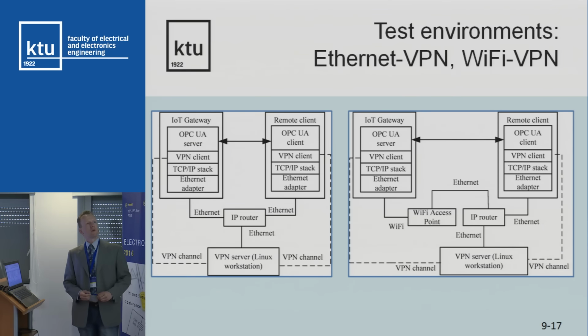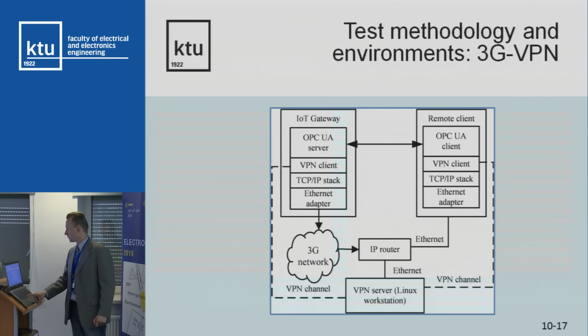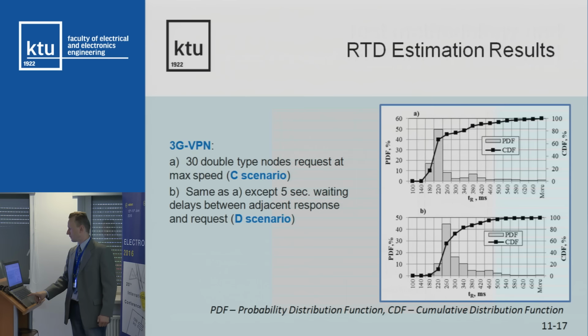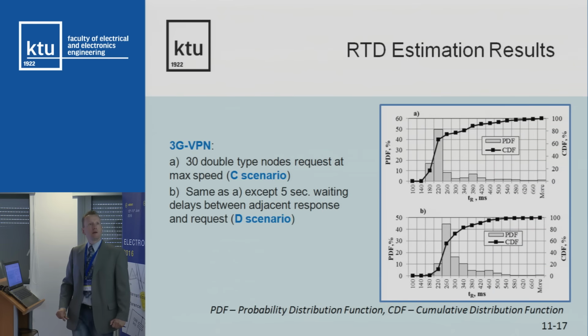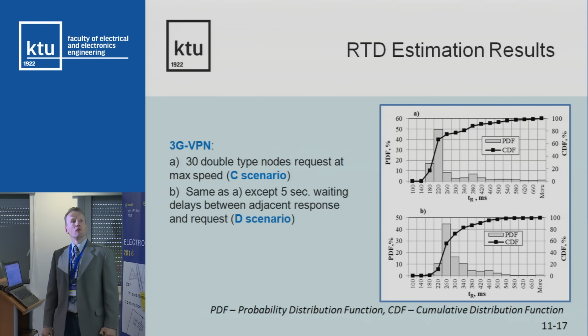Maybe we don't go into detail on these drawings, but we have a gateway and remote clients. Of course, they are connected through communication network infrastructure devices as well. And this is where a 3G network is involved.